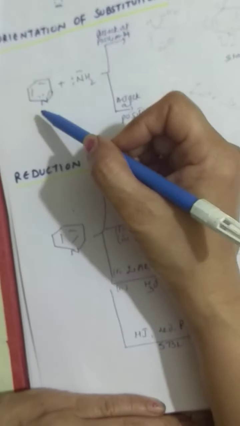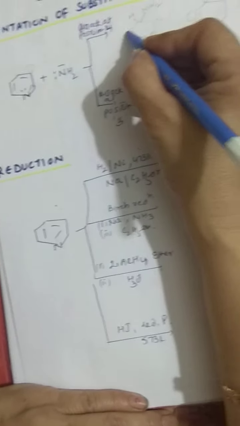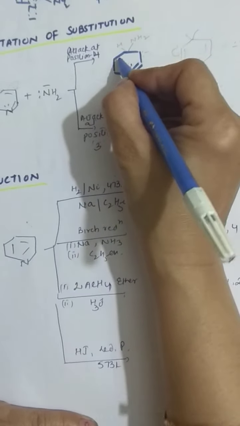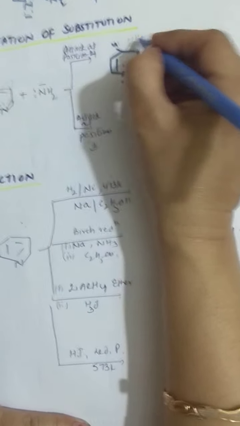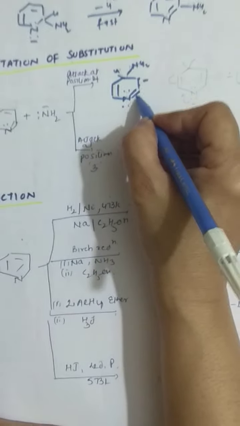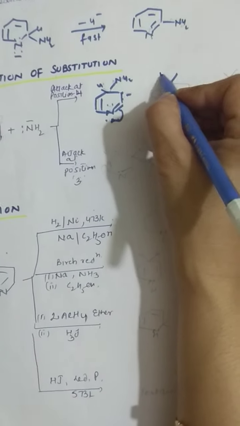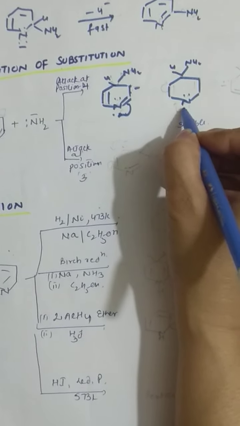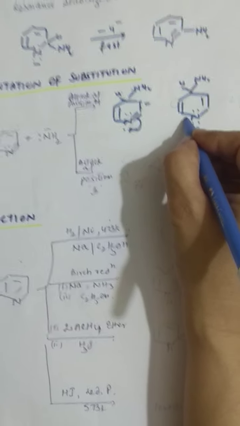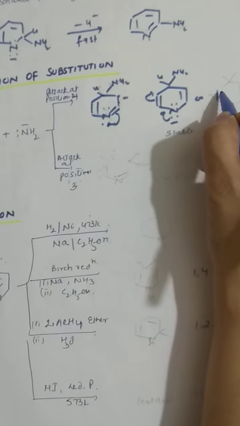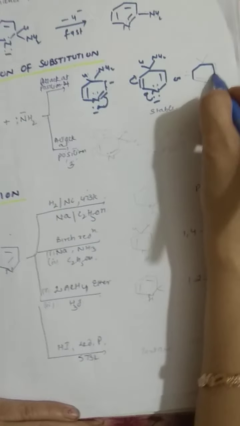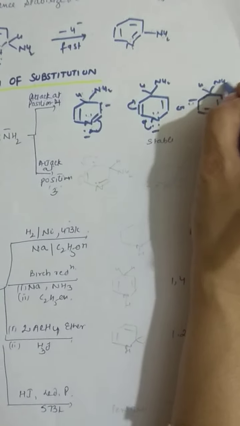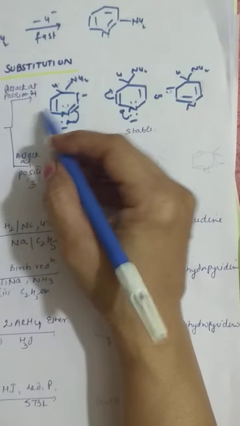So when the attack takes place at position number 4, the nucleophile attacks this.